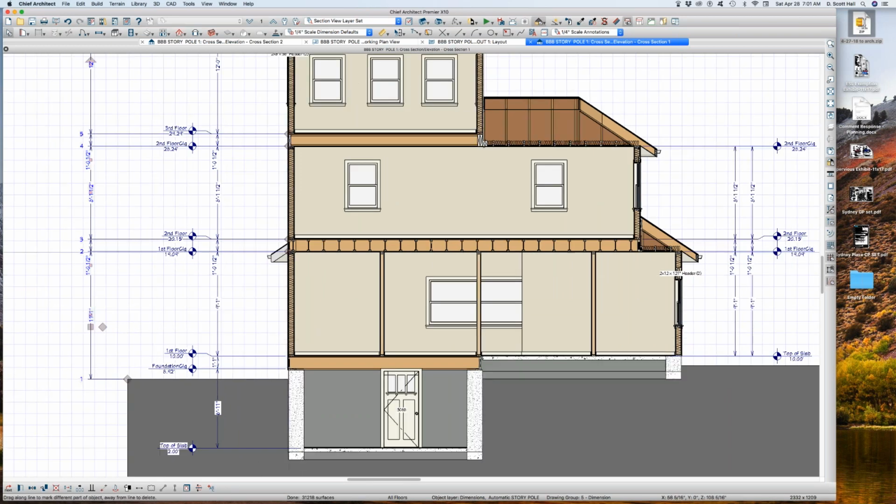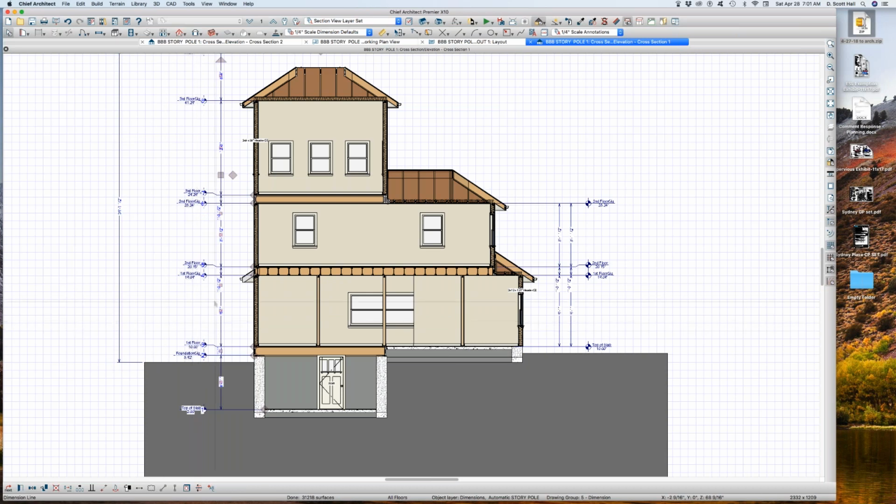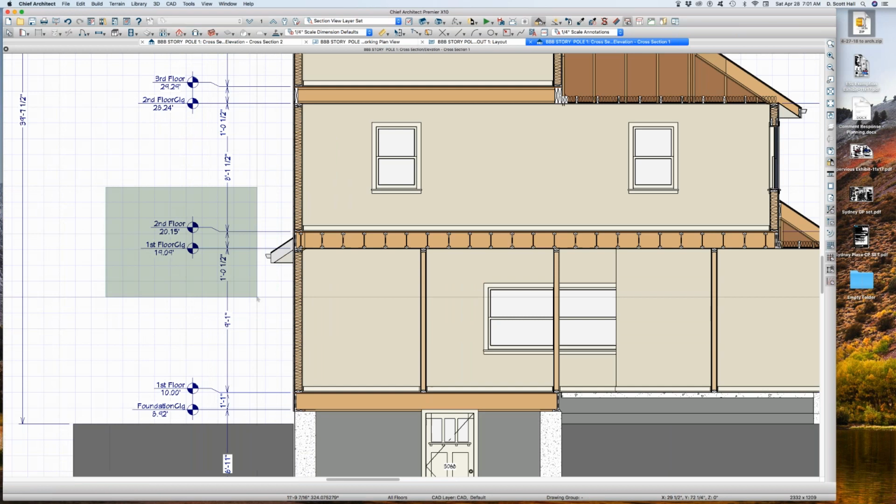I would have this outside dimension going to the highest point. I like this. This makes sense to me. Top of slab, foundation. I know the distance between each of them, and I don't need to know this in fraction form, really. That's for the plan checker, plan reviewer, I think. But this is what the guy that's going to build it wants.